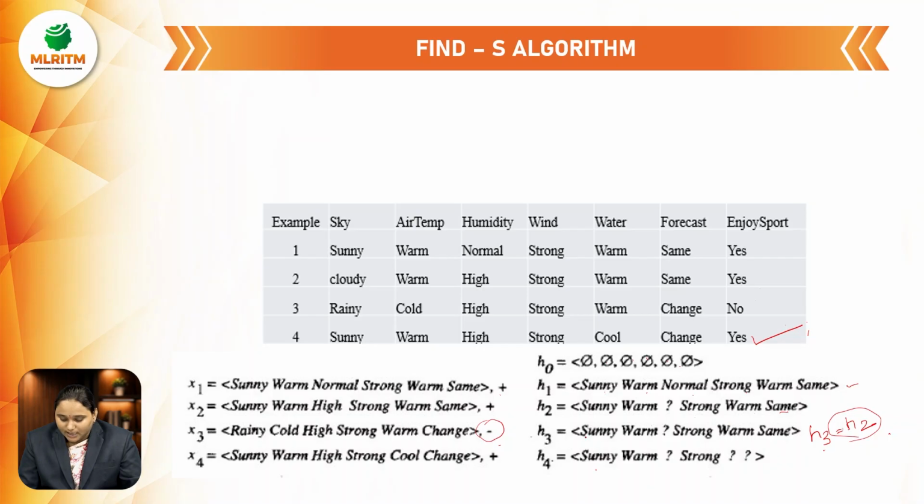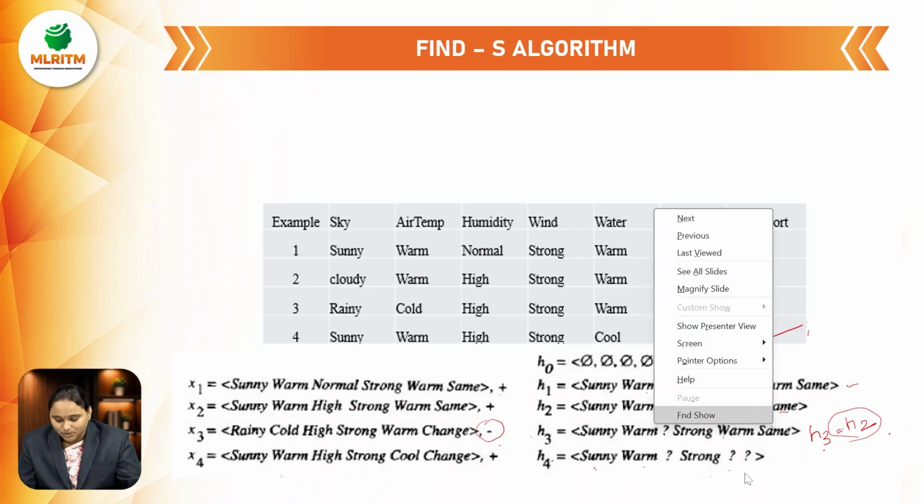H2 is sunny, same. Next, warm is same, warm. For high and question mark, it should be replaced with the question mark. Strong, same. Cool, warm, different, so replace with the question mark. Change, same is different, so replace with the question mark.